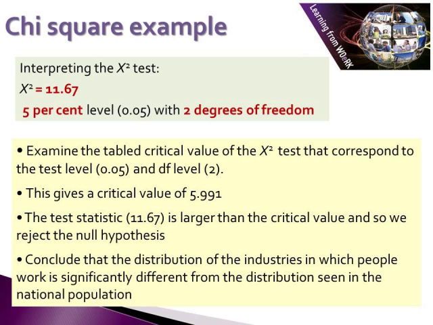Our test statistic, 11.67, is larger than the critical value from our statistical table of 5.991, and so we reject the null hypothesis. We can therefore conclude that the distribution of industries in which people work in our sample is significantly different from the distribution seen in the national population. That is a chi-square test.